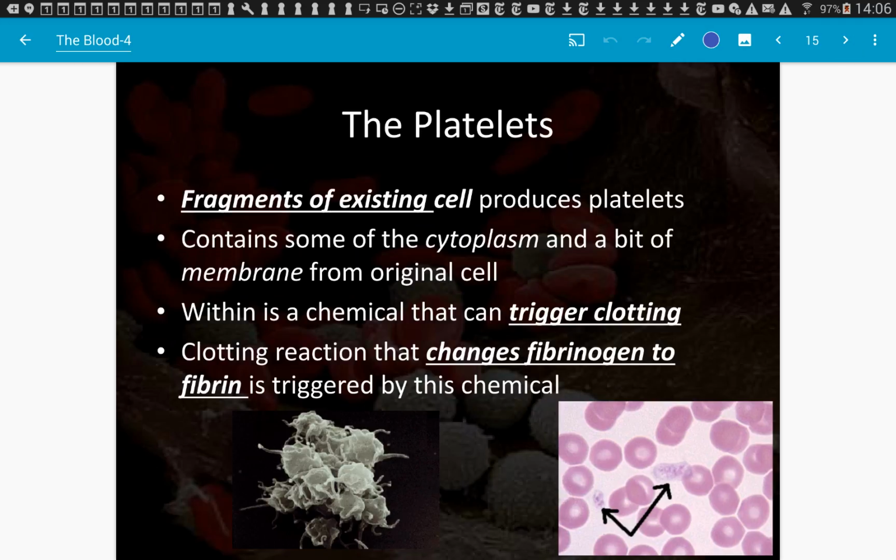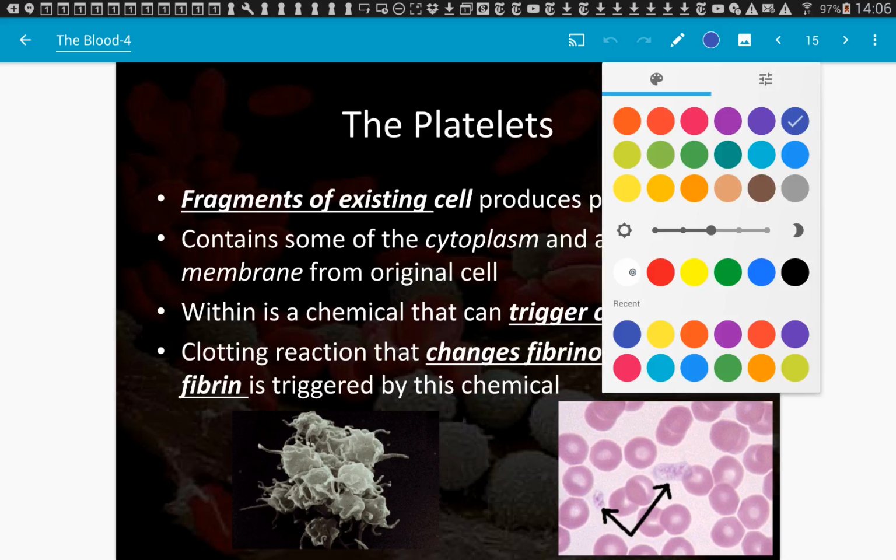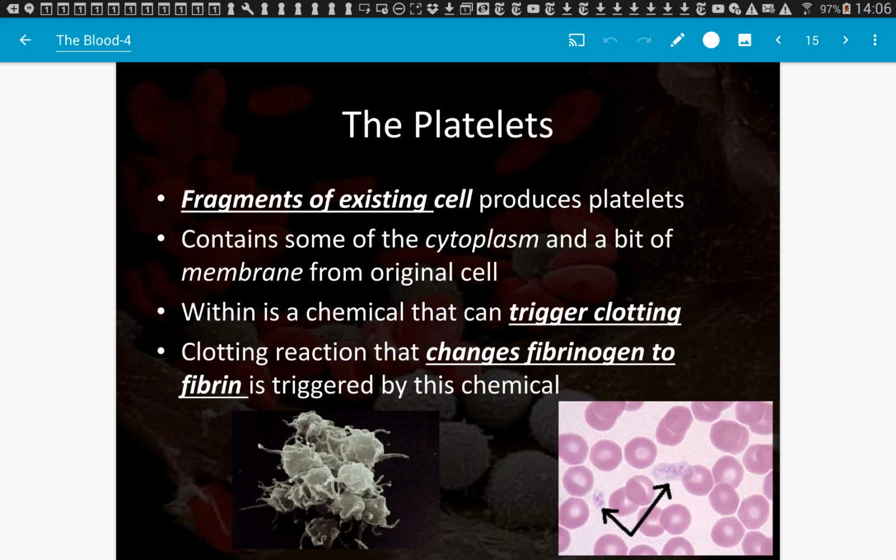As I mentioned, I don't know if I mentioned this part, but they are fragments of a large cell. The cell is called a megakaryocyte. Let me change the color here so I can write that down for you. So the platelets are formed from megakaryocytes, big cells. If I spell it wrong, sorry.